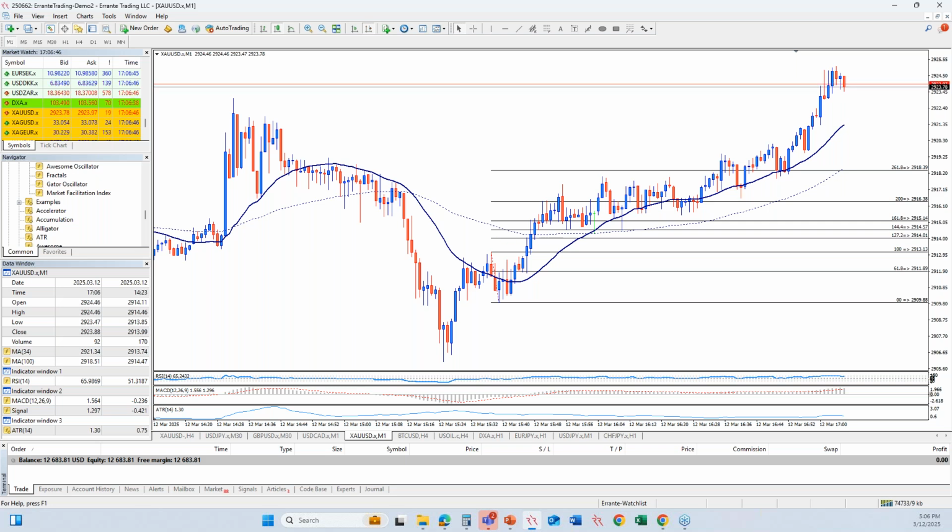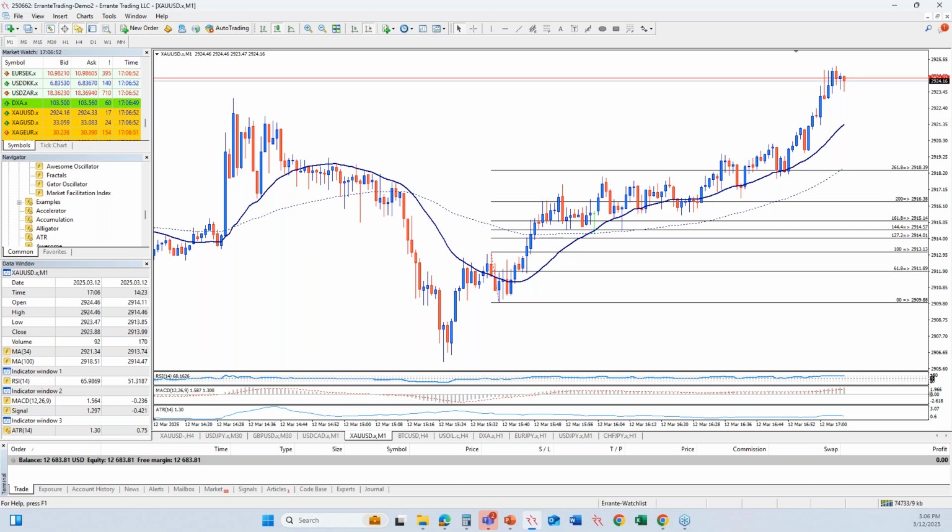So how does volatility affect position sizing? It's very interesting. In high volatility markets, ATR is higher, stop loss is wider, so your position size should be smaller, because my equity is fixed, but the market is constantly changing.